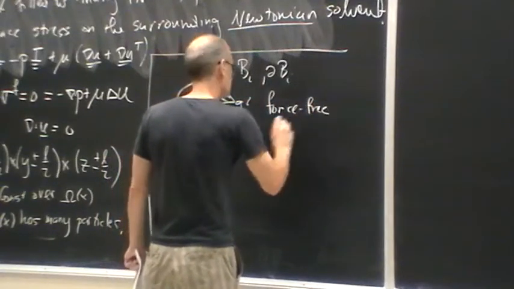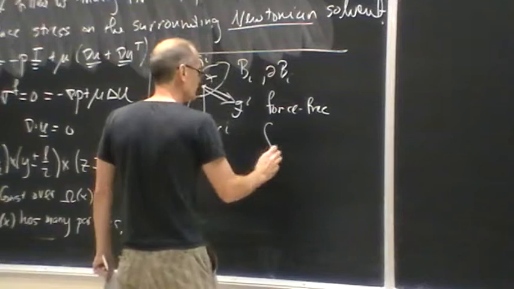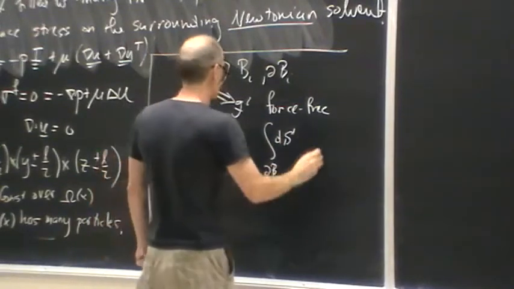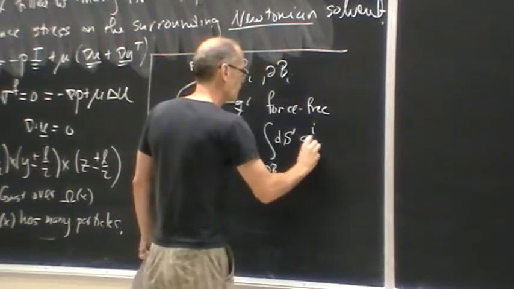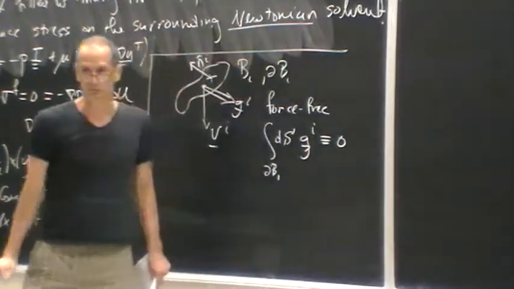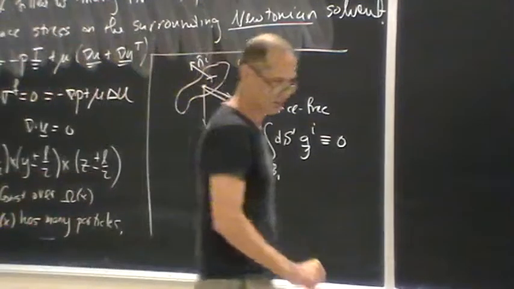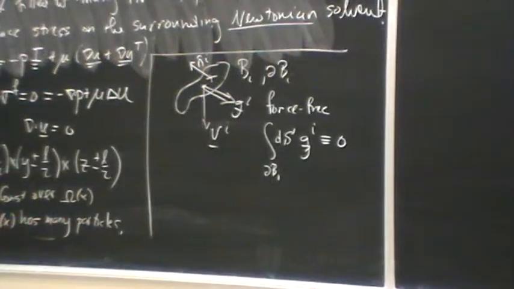They exert no net force on the fluid. So this means if I look at the surface integral over any one of my bodies of g sub I, that is 0. Okay. Usually this is a typical low Reynolds number flow assumption for when you have a free body in the fluid. It exerts no net force or torque on the fluid.